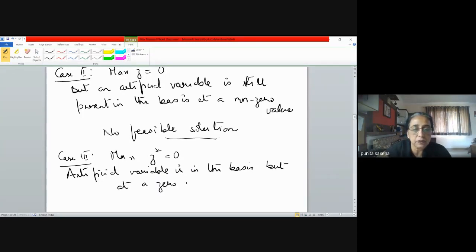That means the value under the column B for that particular artificial variable is 0. In case it's non-zero, definitely no feasible solution. But in case it's a 0 value, we can move on to phase 2.